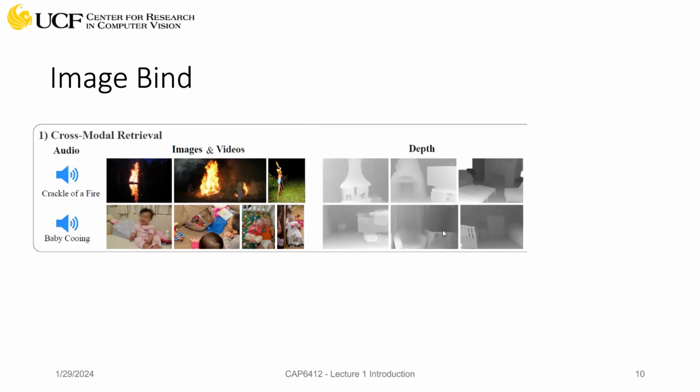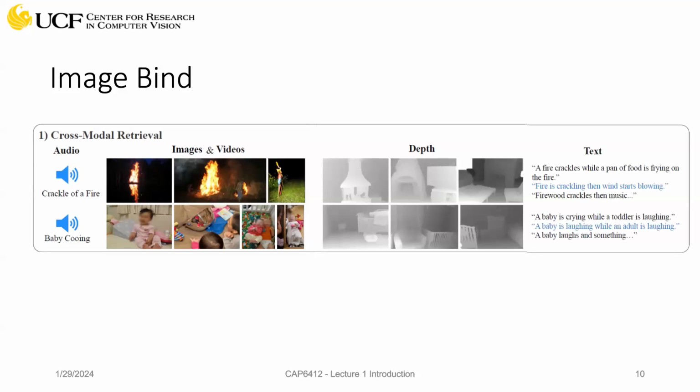With baby cooing, you can retrieve the depth image based on audio as input, even though this was not trained for that. It's very nice. And you can also retrieve a text. So that's the kind of thing, multimodal retrieval using this one setup of ImageBind.